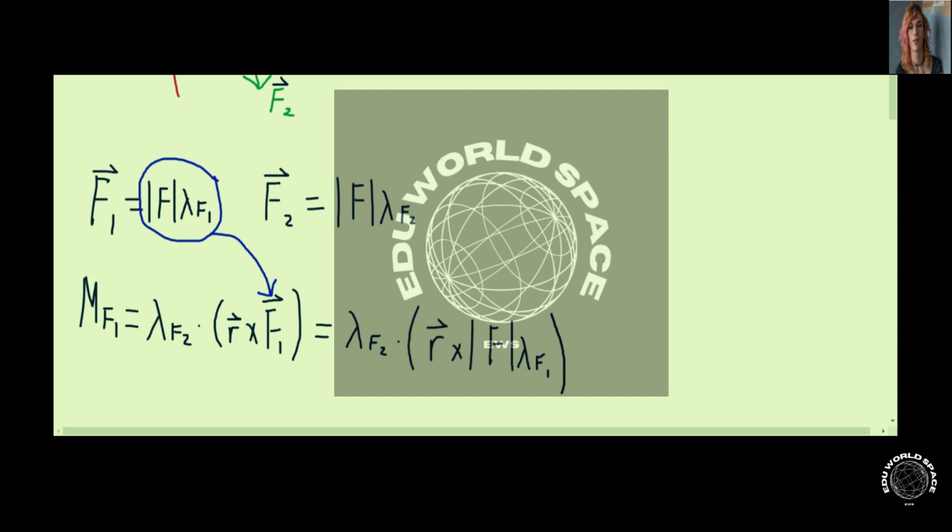And we can take this term out of the cross product and rewrite this as the unit vector of F2 times the magnitude of F dot r vector cross the unit vector of F1.